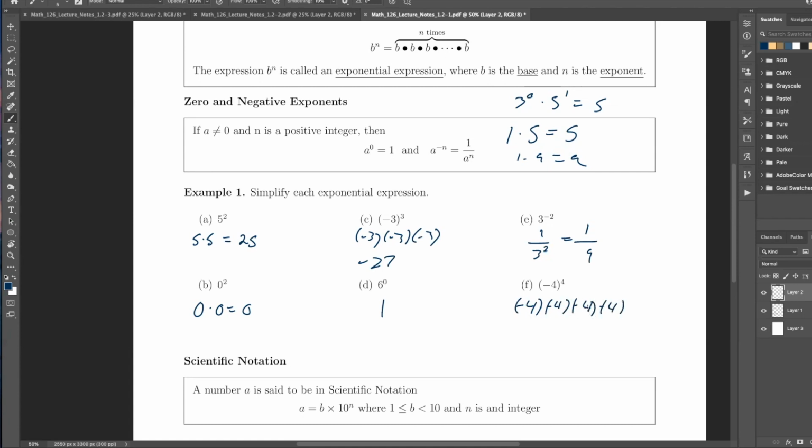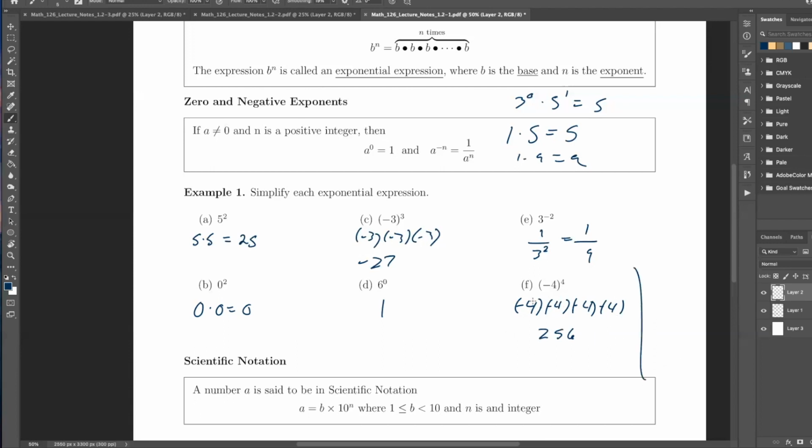So 4 times 4 times 4 times 4 is 256, and there are 4 negatives. 4 is an even number, so it's a positive number.